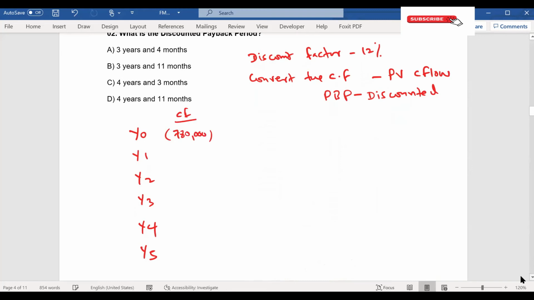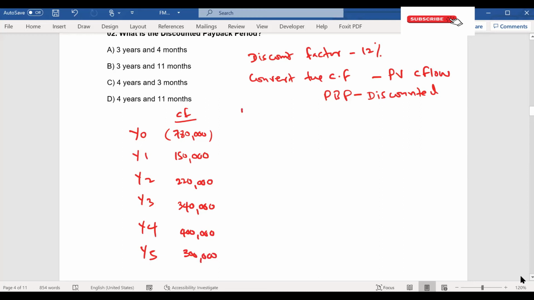Then year 1, 150,000. Year 2, 220,000. Year 3, 340,000. Year 4, 400,000. Year 5, 300,000.